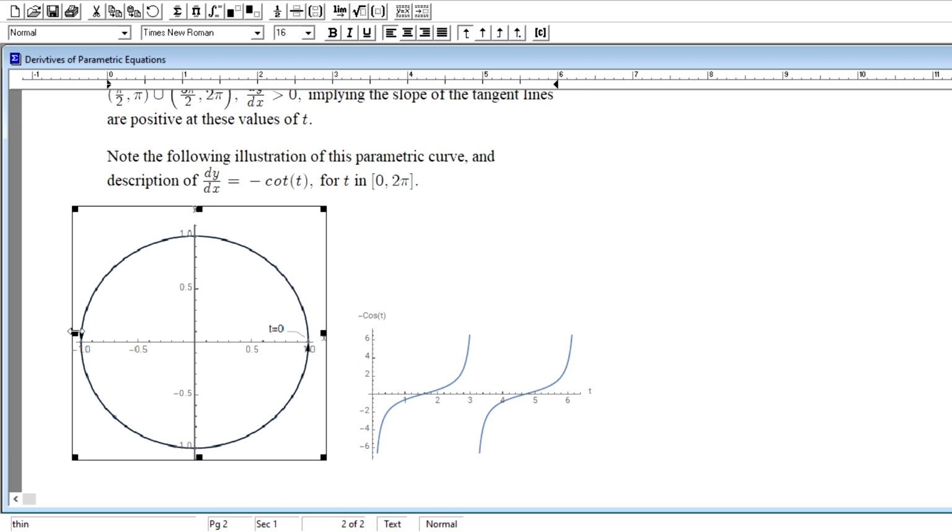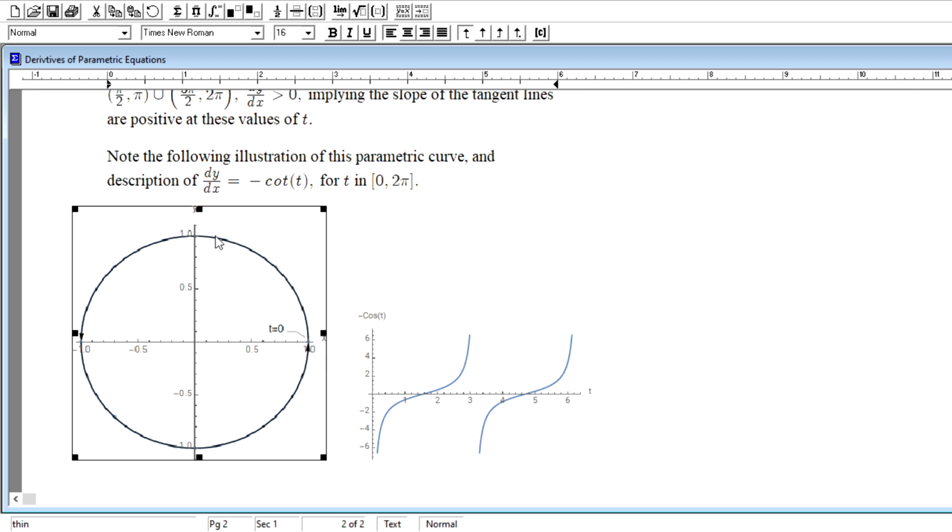And at 0 and pi is where we would have vertical slopes of the lines tangent to the curve. At pi over 2 and 3 pi over 2 is where we will have the horizontal slopes of the lines tangent to the curve.